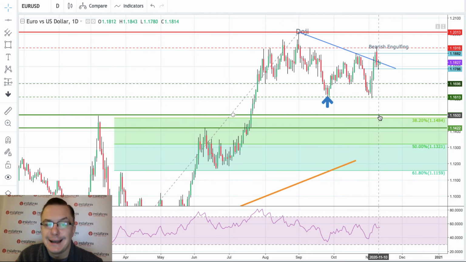None of them have been tested yet, so if we get a decision from the market participants on which direction we are going, and it looks like we are going back down, then we might get as far as this technical support and the Fibonacci level between them. So please bear this in mind as well in a broader perspective, because it's kind of important to look at this as well.